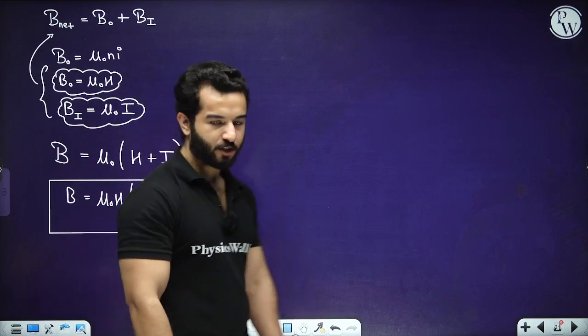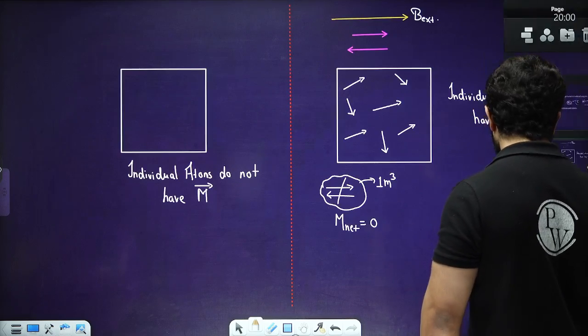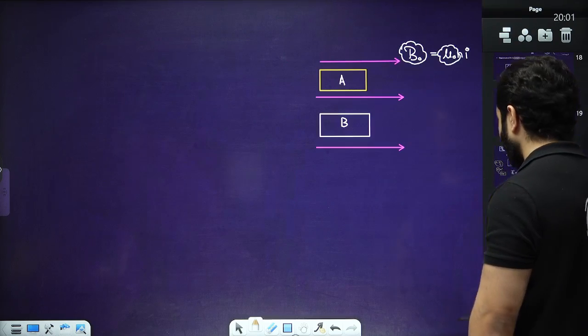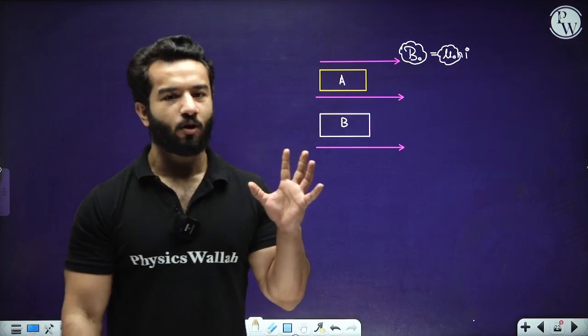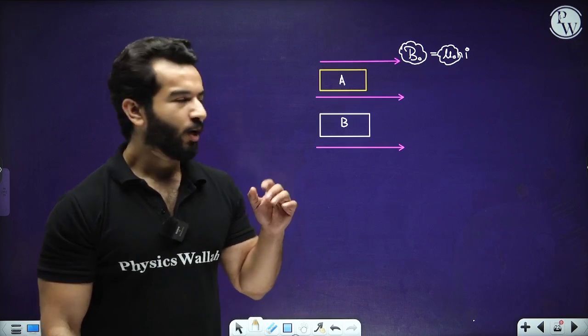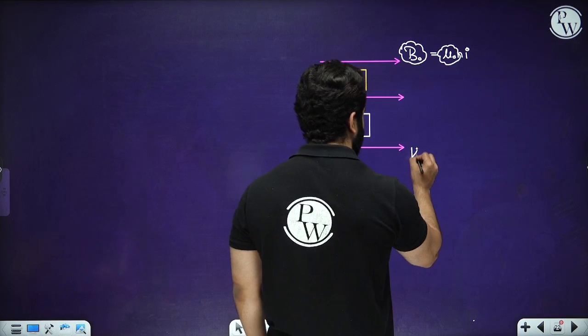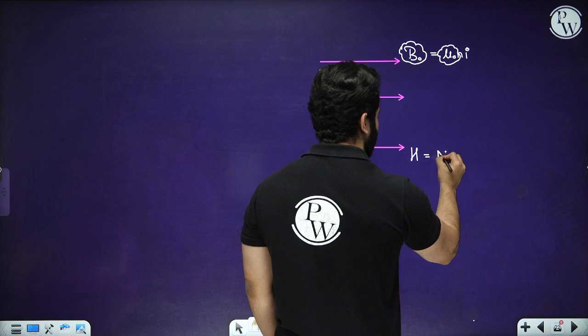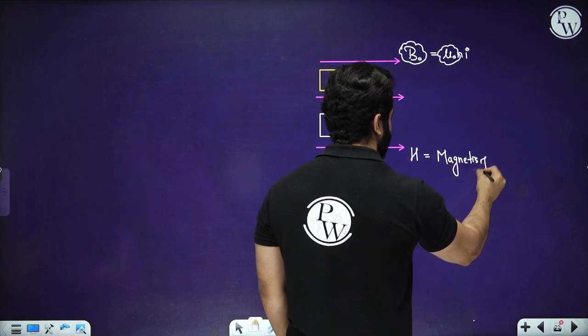What is I by H? So when we were discussing this magnetic field, we said let's have a term which is independent of material medium. So we said that instead of this B naught, let's just call it H, that is the magnetizing field, right?